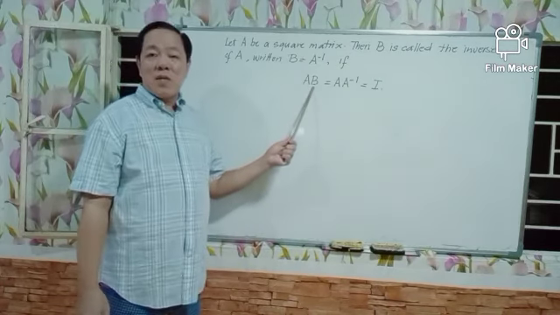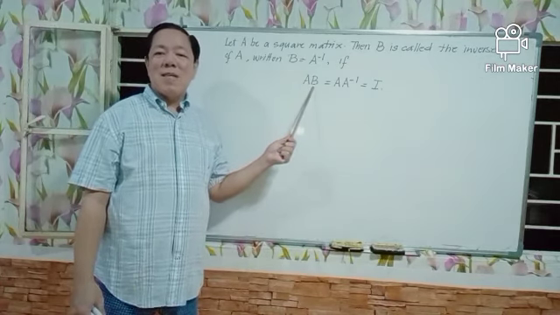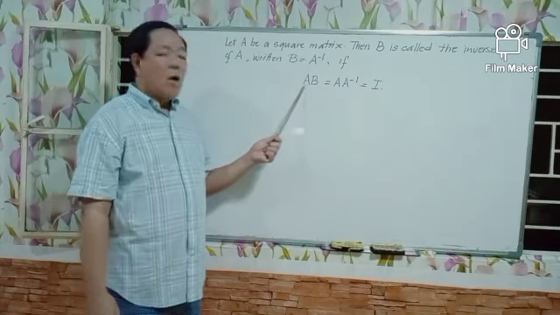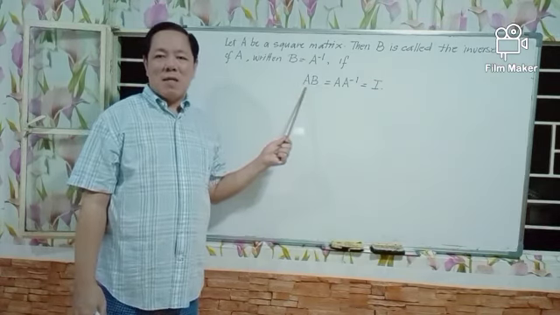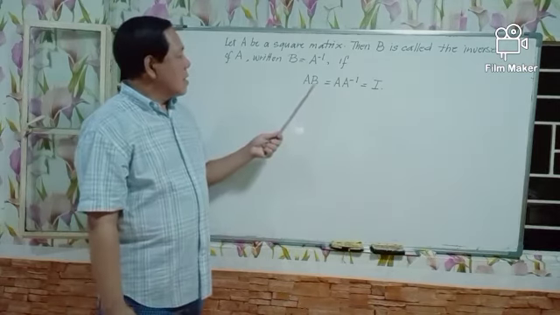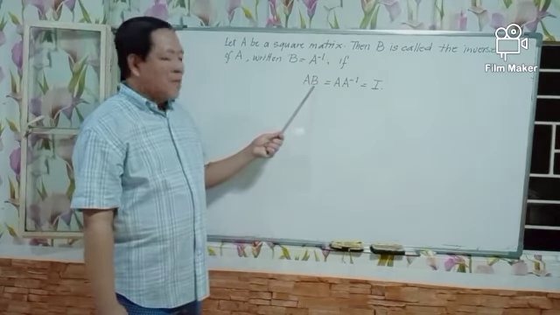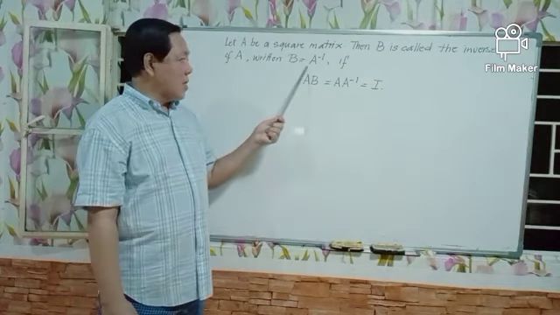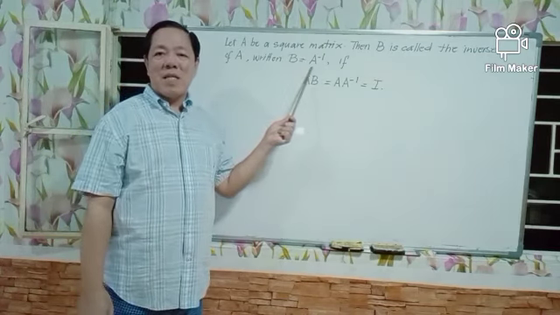Also, if B is the inverse of A, the size or shape of matrix B is the same as the size or shape of matrix A. And the inverse matrix B of A is also denoted by A to the power negative 1.